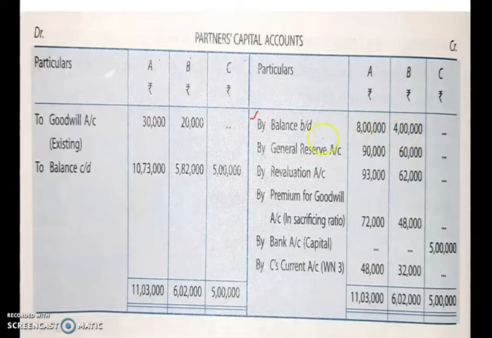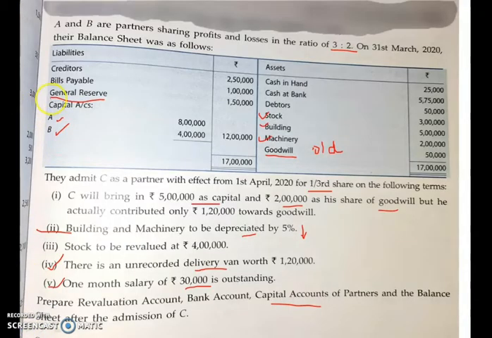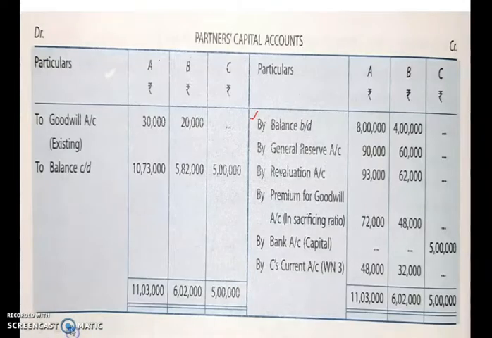What next? After writing the balance brought down, the next item, you have to look into your balance sheet, and you can find that there is a general reserve. We have already underlined that item, isn't it? That you should distribute to the old partners in their old ratio. So let us suppose that general reserve in partner's capital account, you can see here, by general reserve.